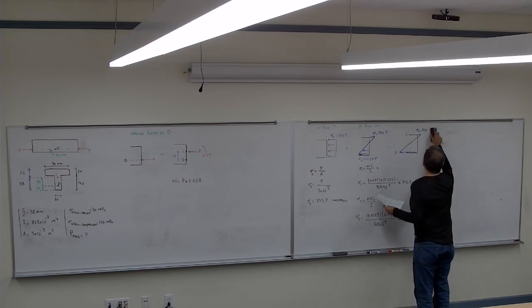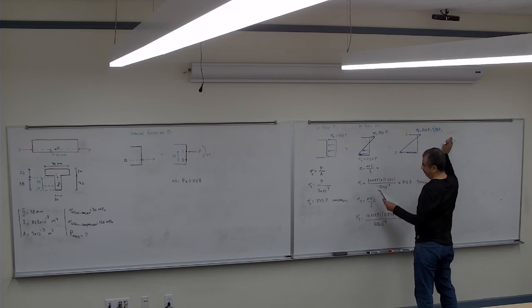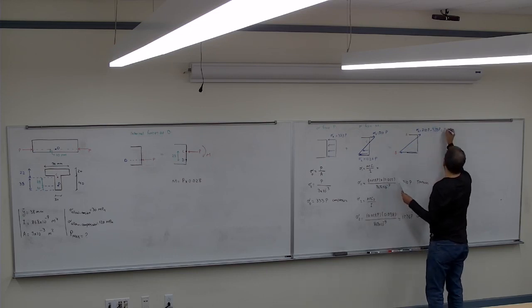There's a P also. 710P minus 333P, which would be 377P.